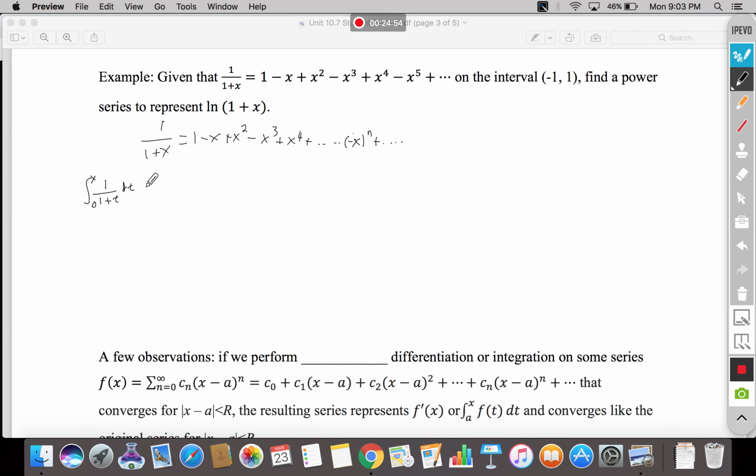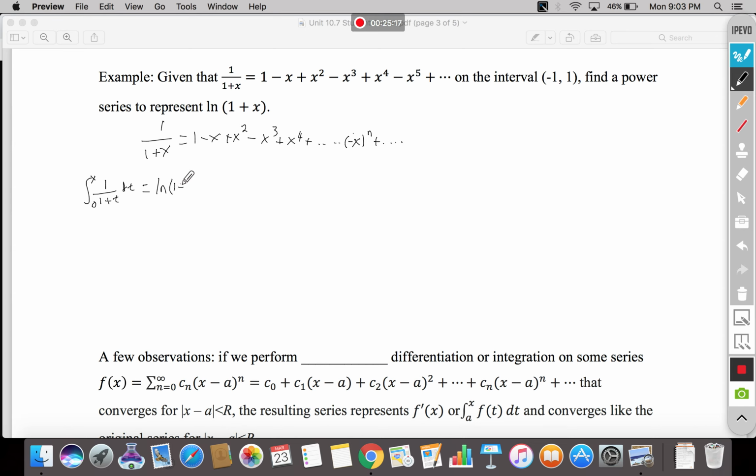So what does that give us? This is going to give us what I know to be the natural log of 1 plus t, evaluated from 0 to x. We're not using the absolute value, right, because the argument's always staying positive.